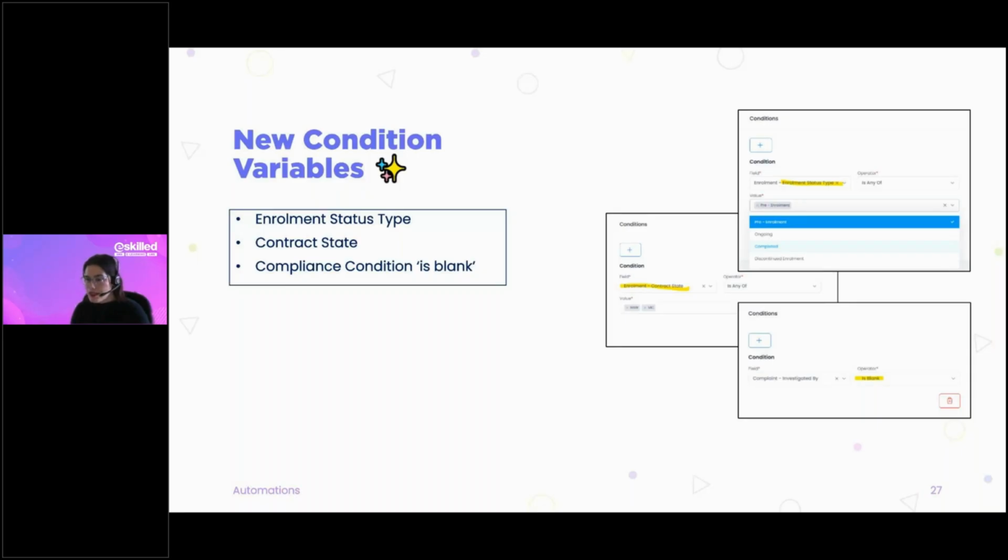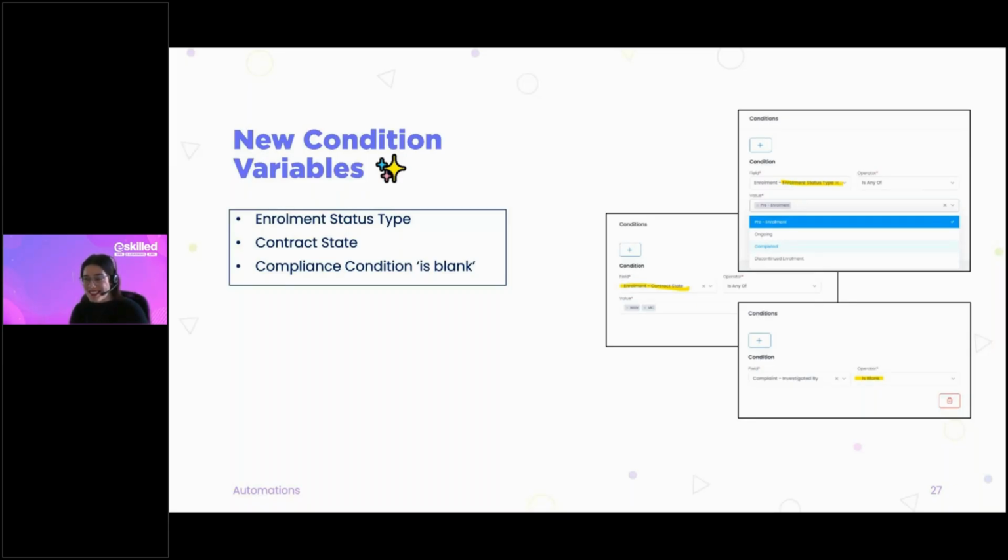You've got contract state as well. So if you've got any funded contracts, you'll be able to set up automations specifically only for enrollments that have an associated contract state. And compliance condition being blank is the final one there. So for example, on that screen grab, complaint is investigated by, but it's blank.